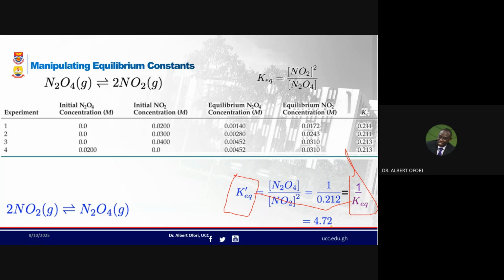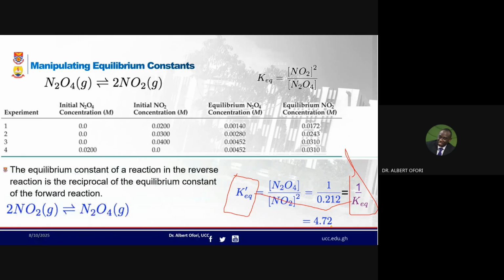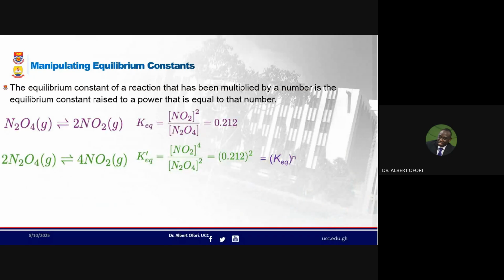Okay, now with the same data, we can make another postulate. If I multiply this equation by a factor, let's say 2, so this will be 2 moles, this will be 4 moles, what will be the new equilibrium constant? If you do the math, taking just experiment 1, the old one gives me this value.